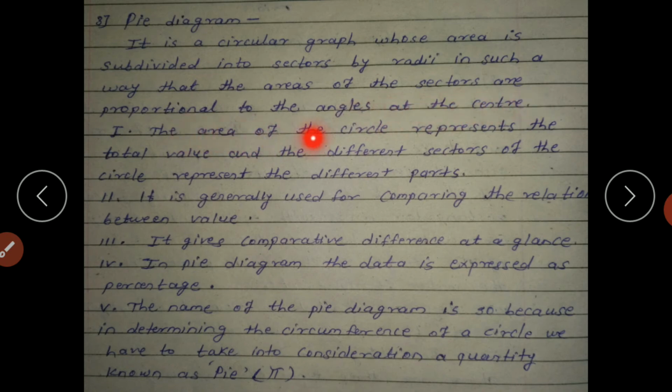The area of the circle represents the total value, and the different sectors of the circle represent the different parts. It is generally used for comparing the relation between values, so it gives a comparative difference at a glance.